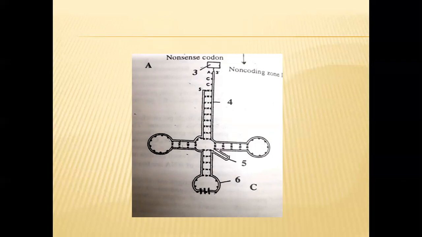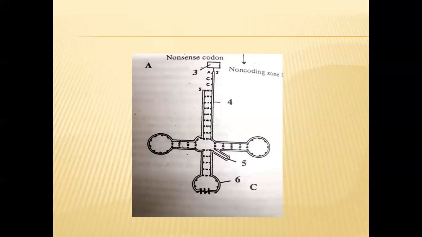And the loop, which is present opposite to CCA, that is, see below, that loop shows 3 unpaired bases. These are called anticodons.